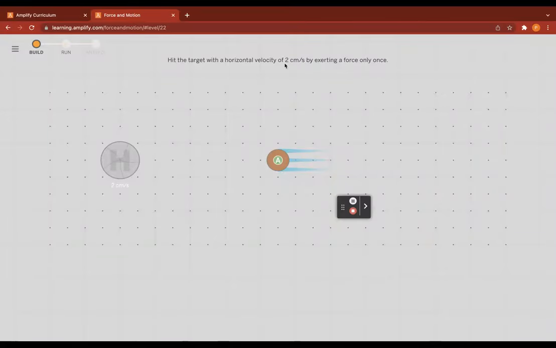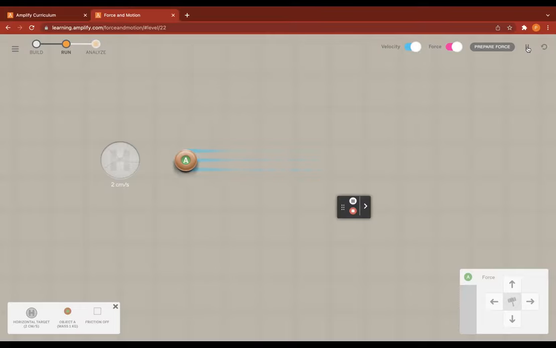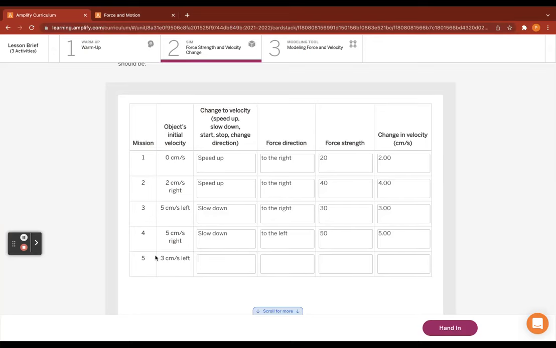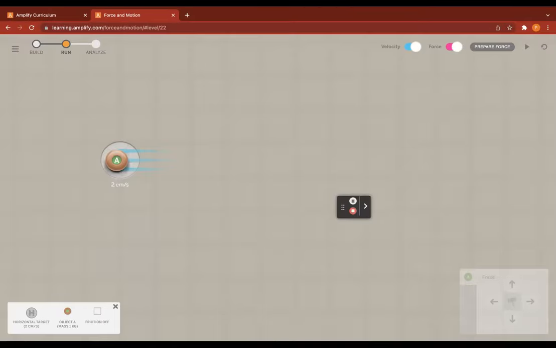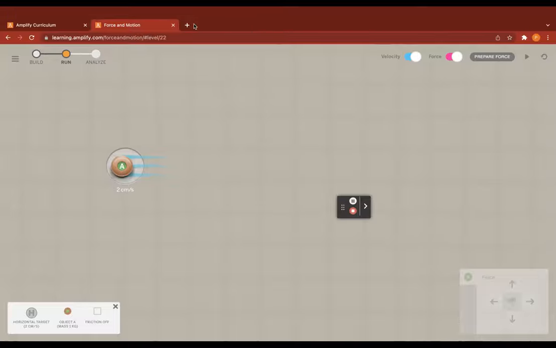So this positive 2 means that this object needs to be going to the right. This one was challenging as well because you had to pause it right over the target. If I start 3 to the left, or at -3, I want to go to +2.